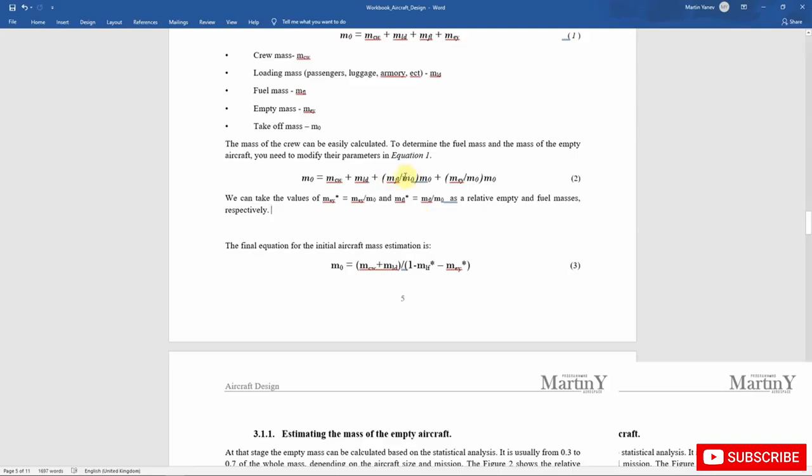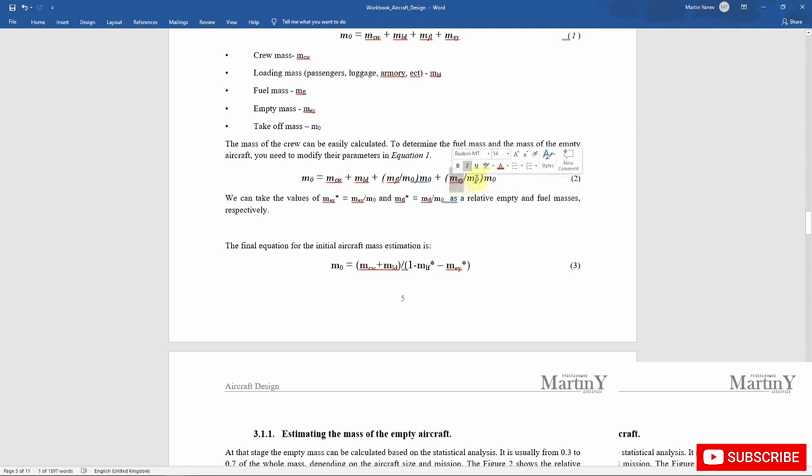As you can see, the whole equation can be modified. We multiply the takeoff mass by, let's say, the relative empty mass, and in that way we get the total empty mass, which is the same as MEY. So MEY divided by M0 multiplied by M0 gives us MEY.